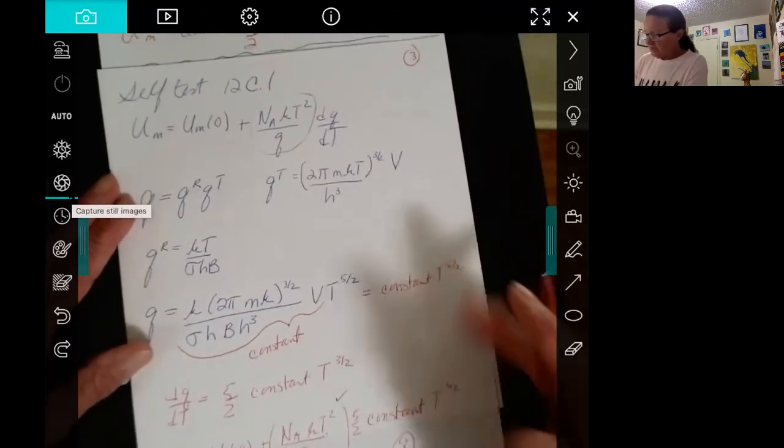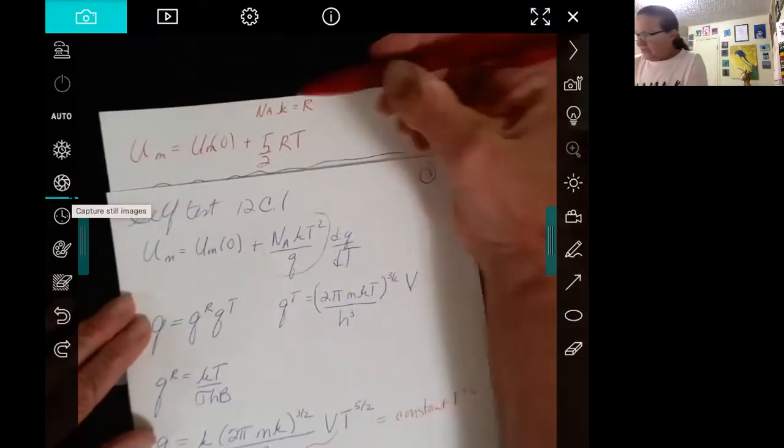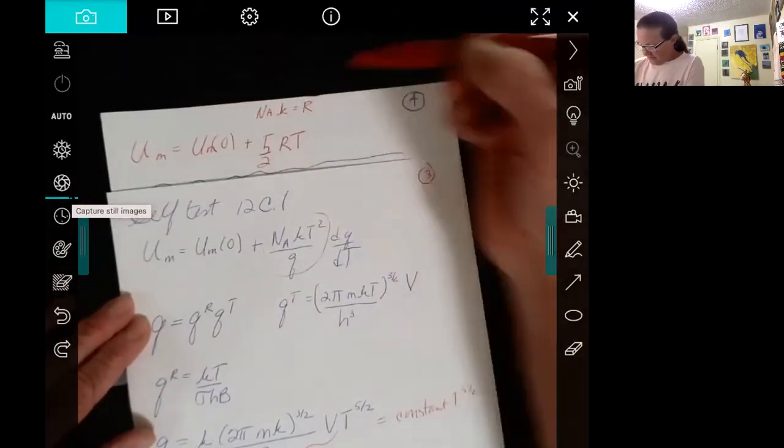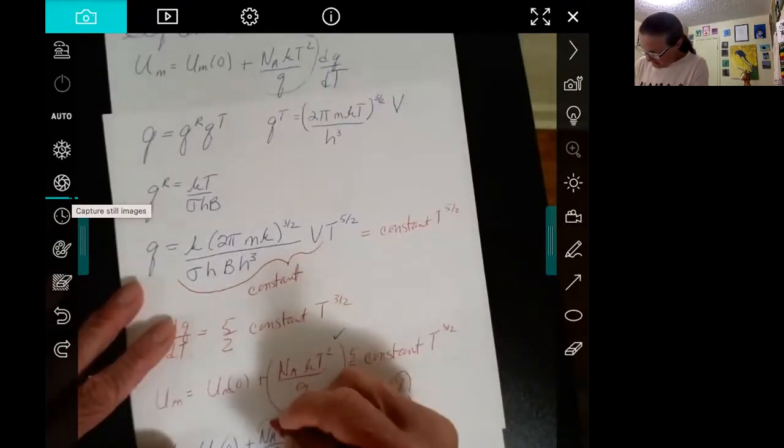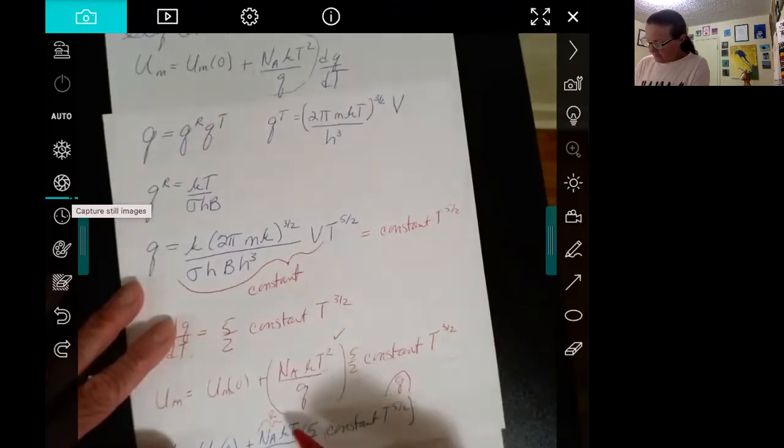When I look at this, N_A times k is R. So I have RT, and then I have 5 halves, and then I have constant times q.